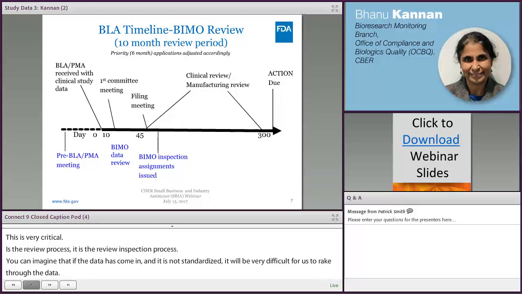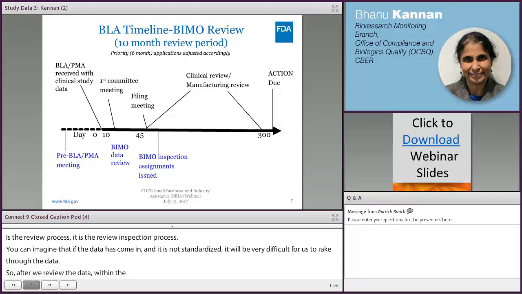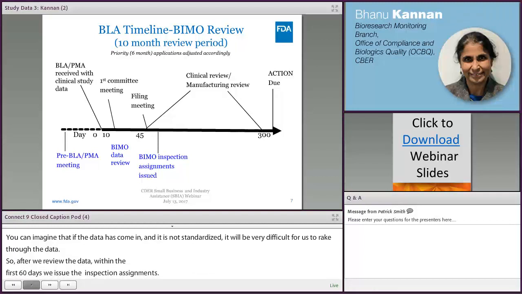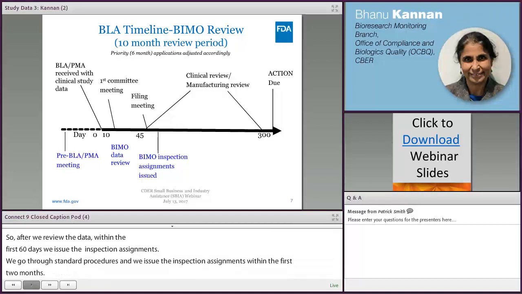So for this, we go through standard procedures and go through our process, and we issue the inspection assignment. So within the first 2 months of the 10-month review clock, you can imagine we have to go through all this data, select sites for the inspection, and especially if it is a bigger vaccine study, as was alluded to by the previous speakers, this is a huge task for us.